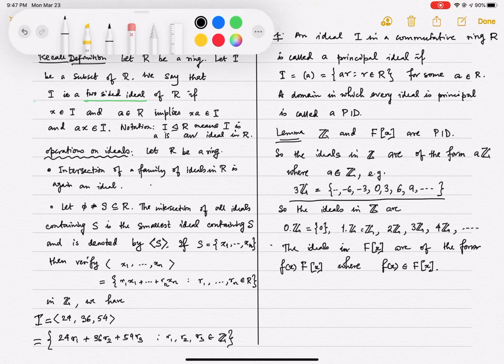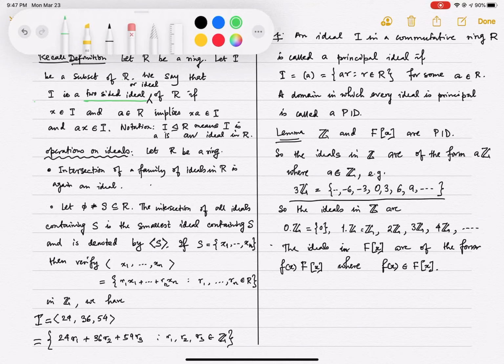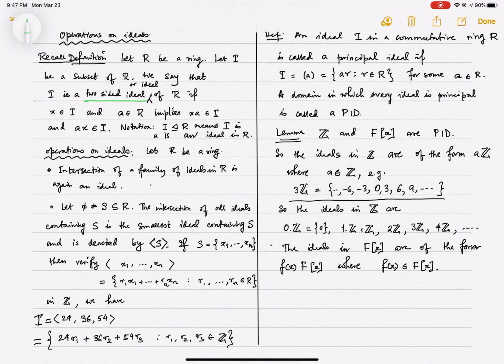And two-sided ideals are also sometimes just called ideals. Of course, if R is commutative, then there is no left or right, so it's the same thing.